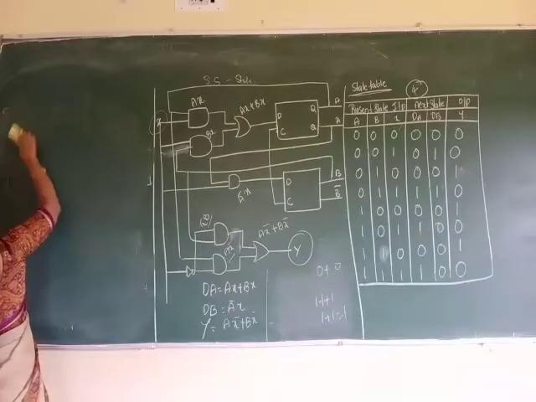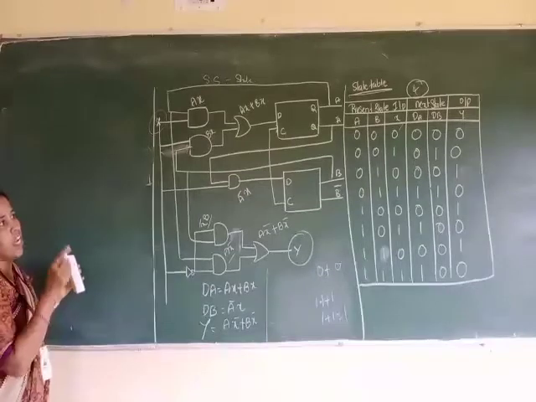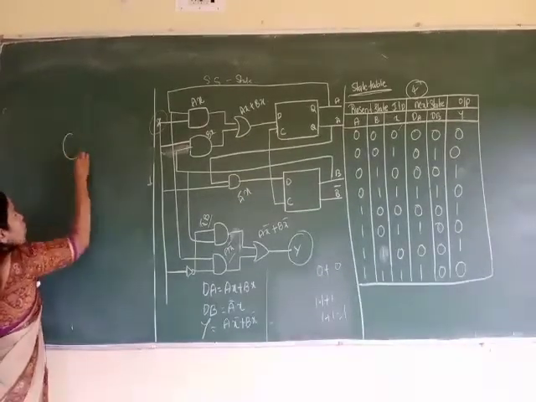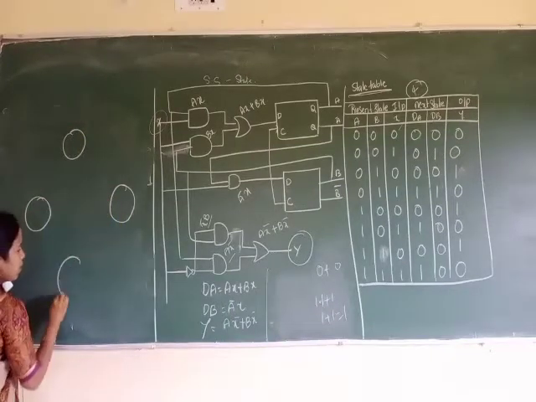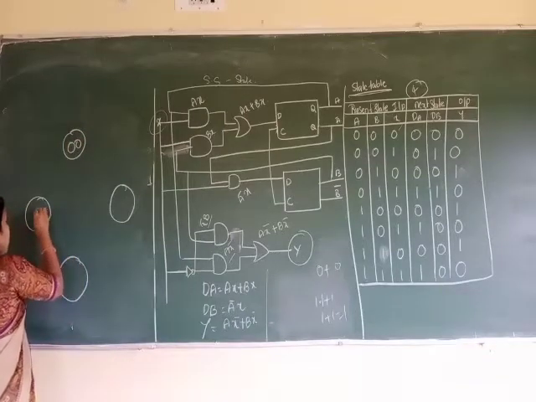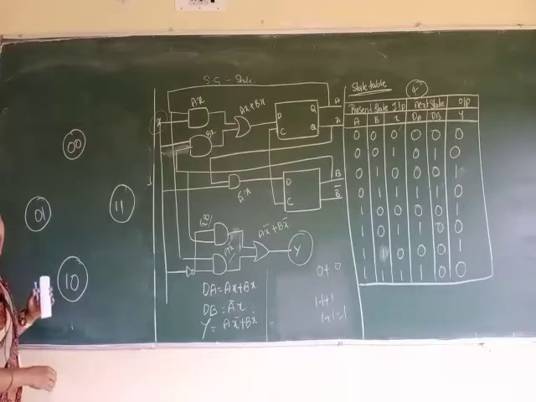So how are we going to draw the state diagram? I am taking two states A and B. So two variables I am taking here: 00, 01, 11, 10.